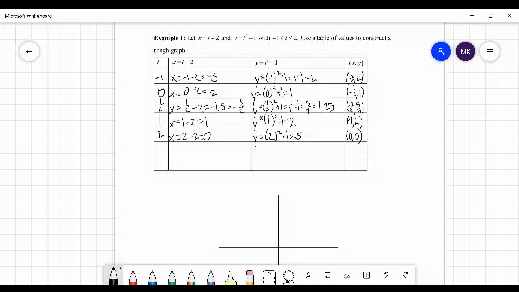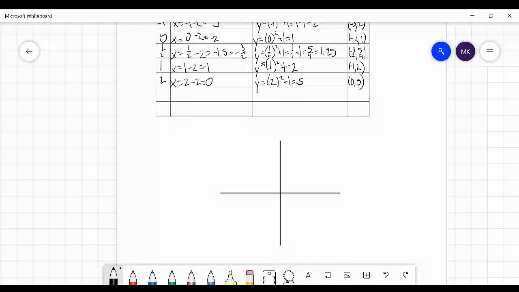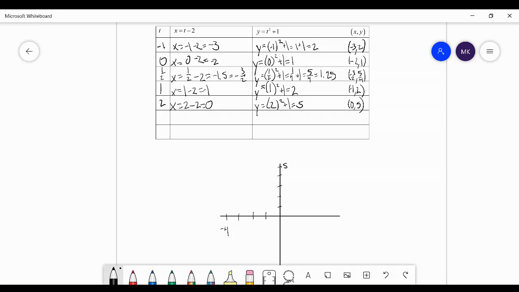Now, I want to sketch a graph, okay? So what we really want to do is simply plug these points into our graph. We have negative 1, 2, 3, 4, and 1, 2, 3. Okay, so our first point is negative 3, 2.